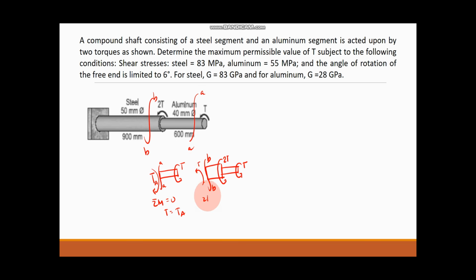So summation of moment is equal to 0. So magiging negative T minus 2T plus TS is equal to 0. Therefore, TS is equal to 3T.